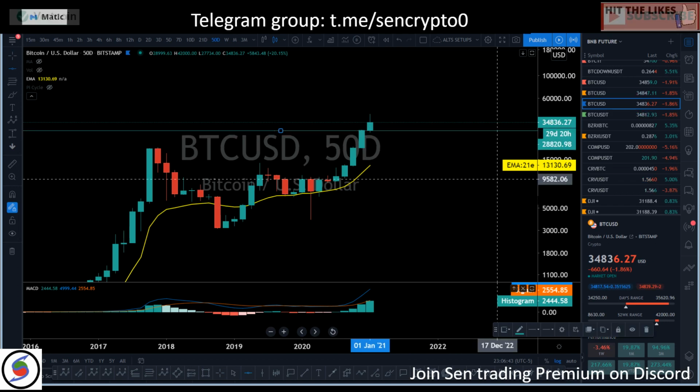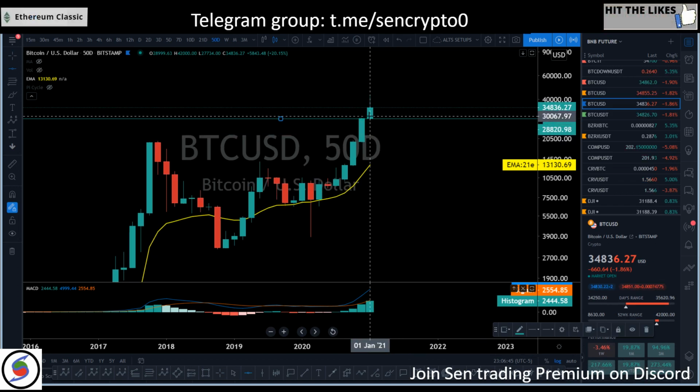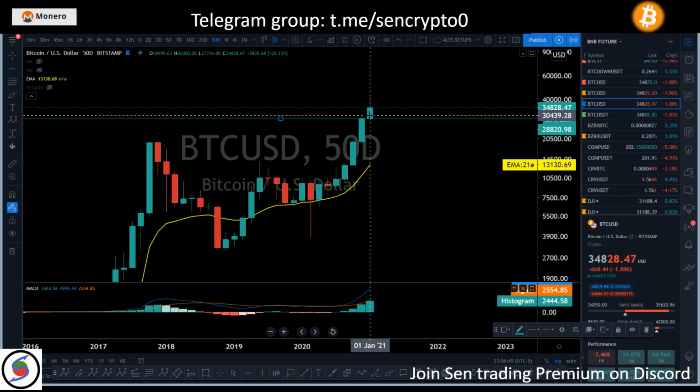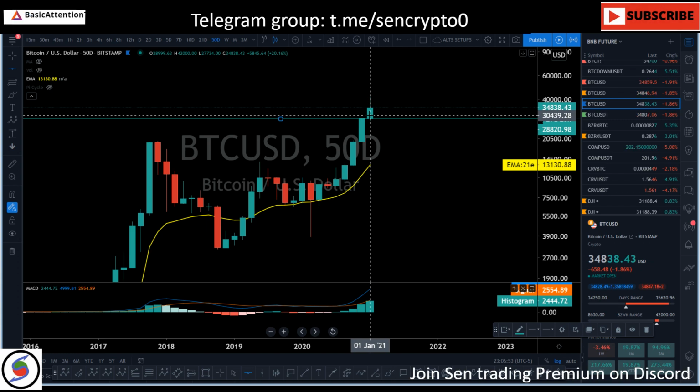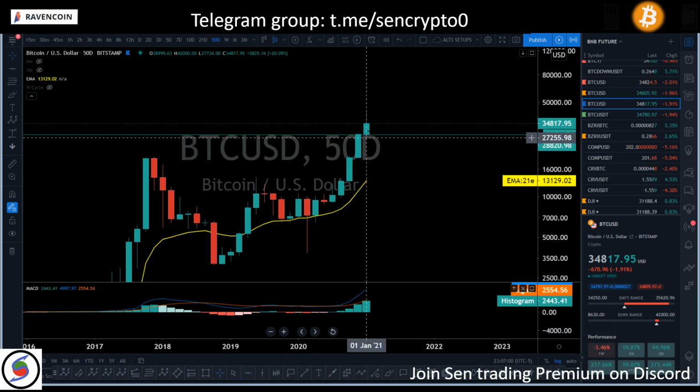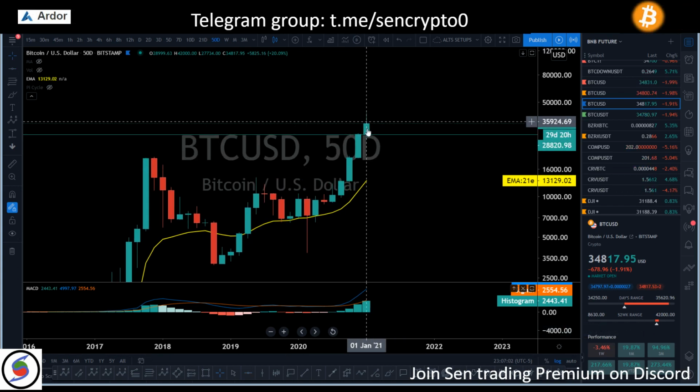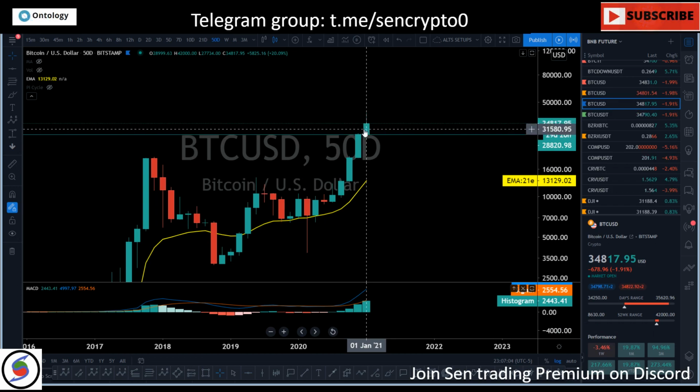Remember, the cycle opened at just about 30k. This candle opened right at about 29,000, because it was 28,999. Let's say 29,000. So we want to stay above 29,000 before February 20th.